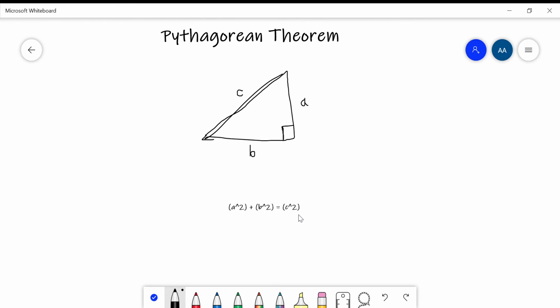Now, what does this mean? That means if you give me any two sides of a right triangle, I can solve for the other one. Let me try to cross some of this stuff out and fix it really quick.